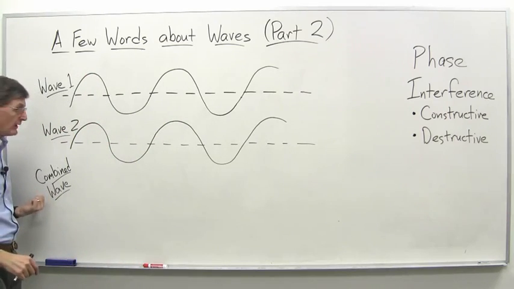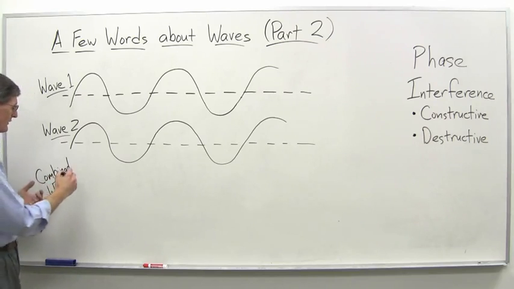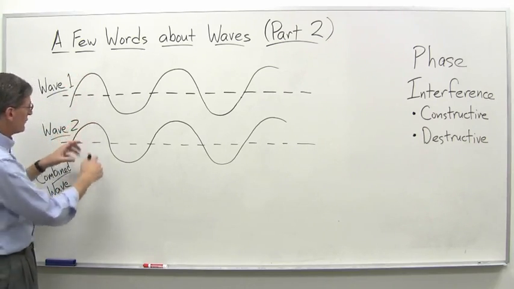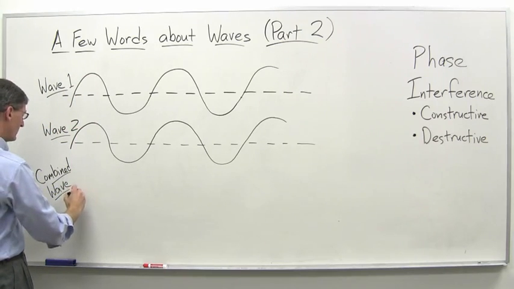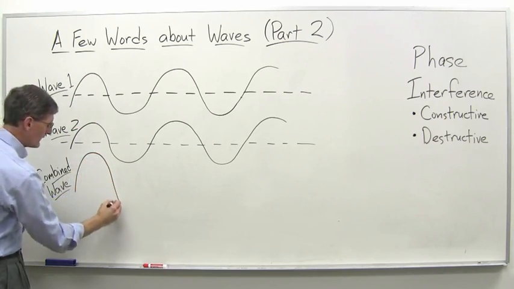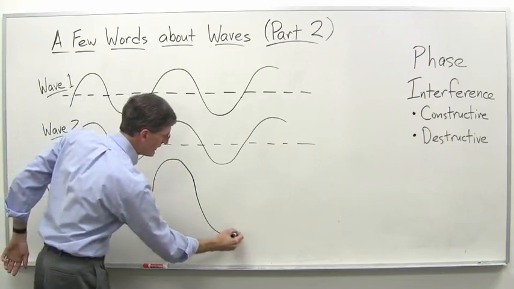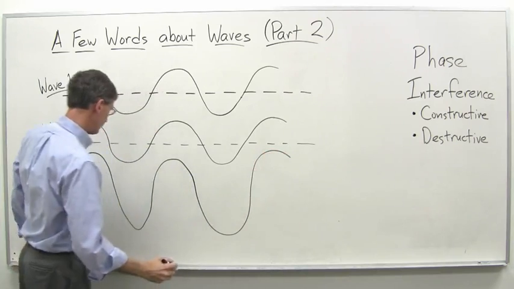So the combined wave then is going to look something roughly like this. If these are the same height, the same amplitude, we're going to double it then. So it might look something like way up here, and then way down, and way up, and way down, and way up again, more or less.